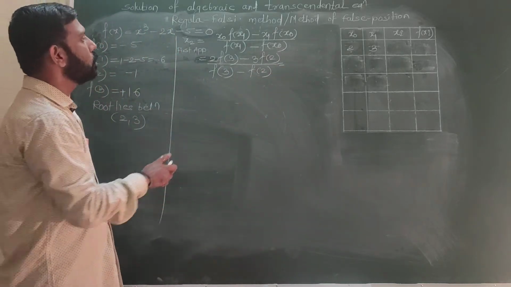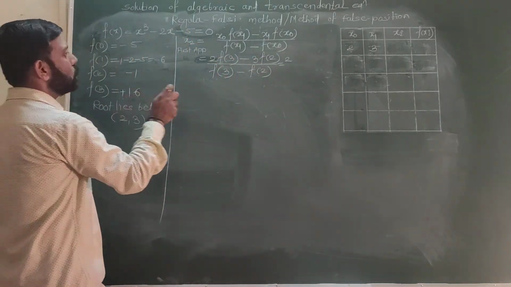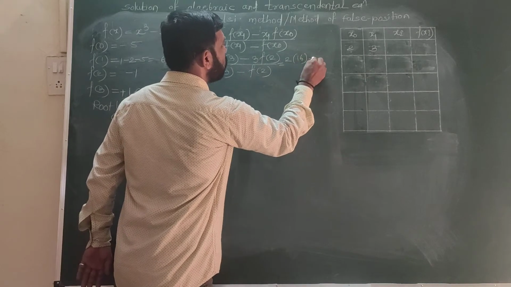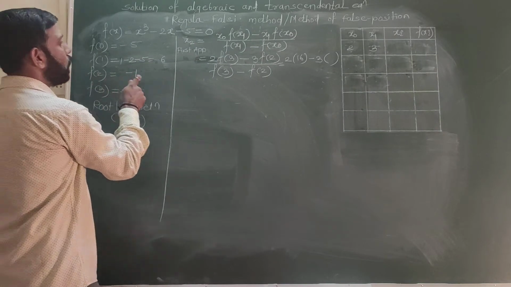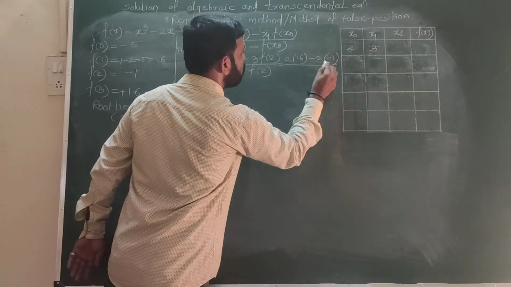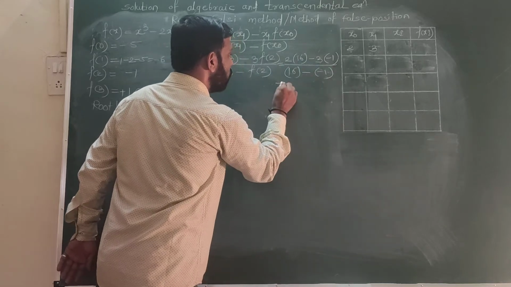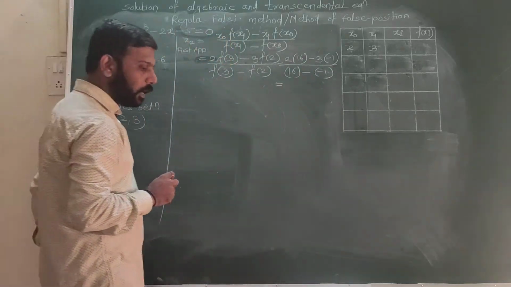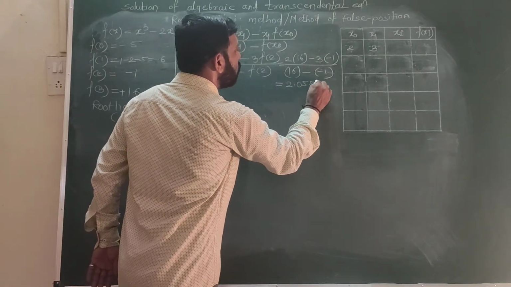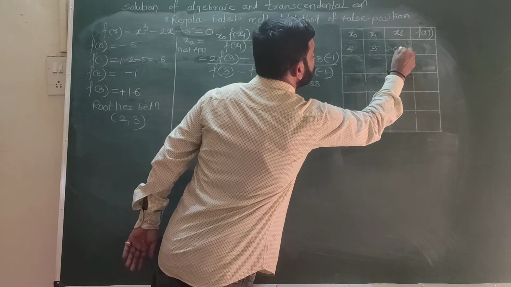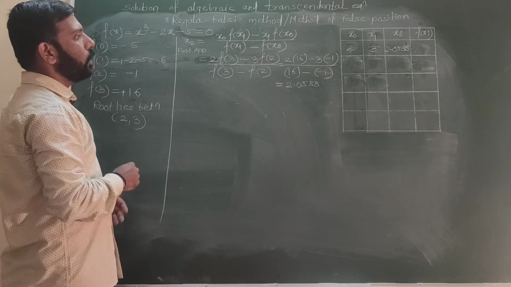Substitute all these values: 2 times f of 3, which is 16, minus 3 times f of 2, which is minus 1, with the same denominator values, and calculate this on the calculator. We have this value, 2.0588.